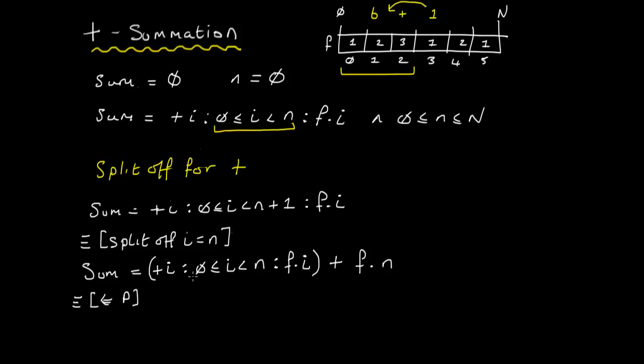So that's essentially what this is. The bit in the brackets is what we've previously processed, and we're adding on the next bit onto that. So the bit in the brackets, the value for that will have been stored in sum. So again, following from our invariant, what we can really say here is sum is equal to sum plus f dot n.